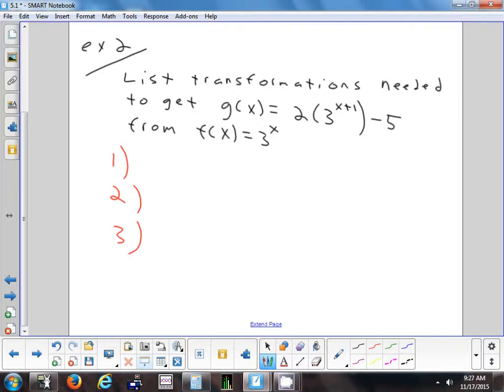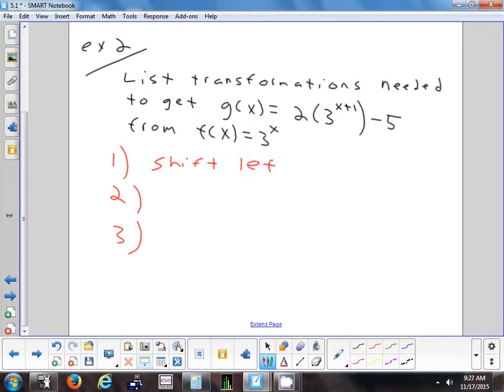Okay, who can tell me the first transformation? And make sure we do it in the right order. Yep, plus 1. Just explain to me what the transformation is. Yeah, shift left 1.